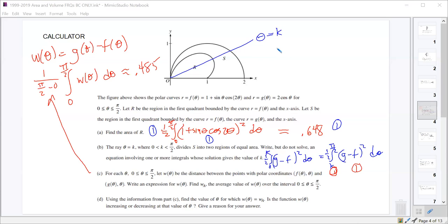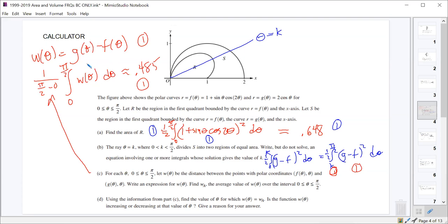Yep. And that was worth 2 points, 1 for w of theta, 1 for the answer. And you needed to have this setup using the mean value theorem of integrals. So you can just show the setup as well.